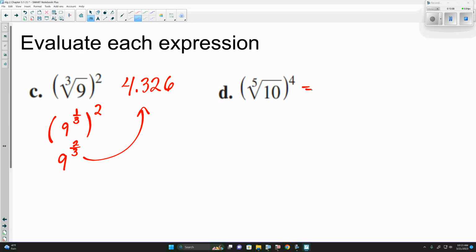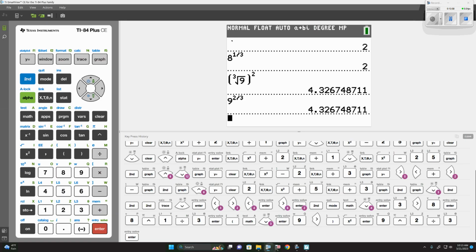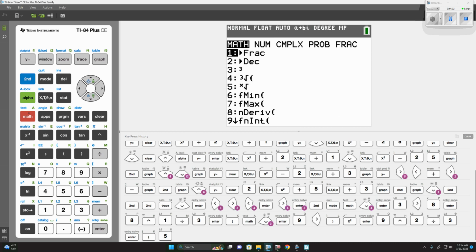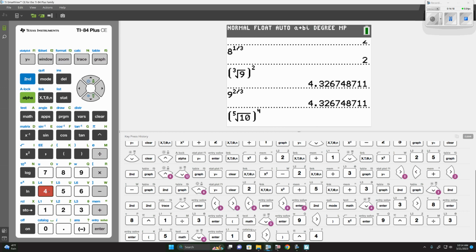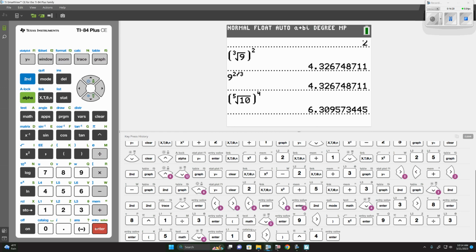Next one we have is the 5th root of 10 to the 4th. So we do parentheses, 5, math with a graphing calculator. And we go down to the 5th option, 10. Fifth root of 10 to the 4th.